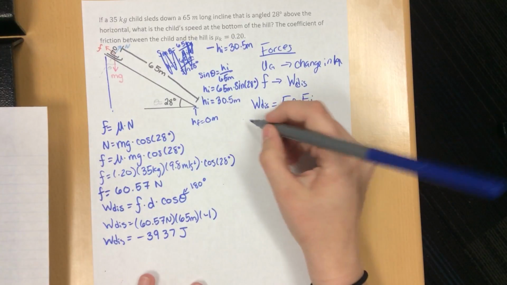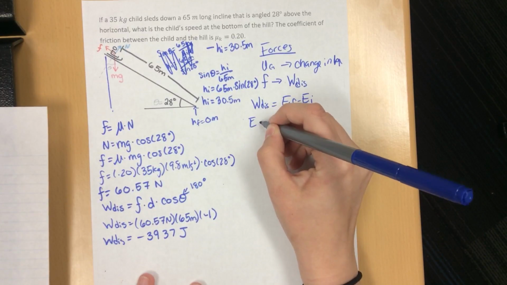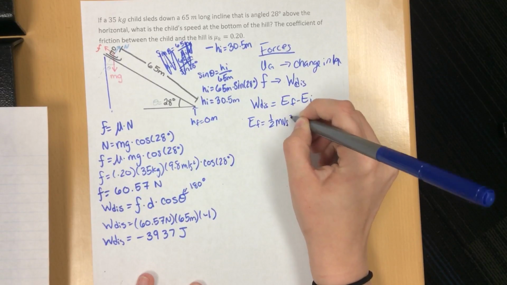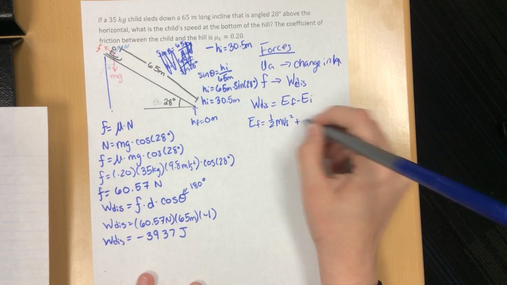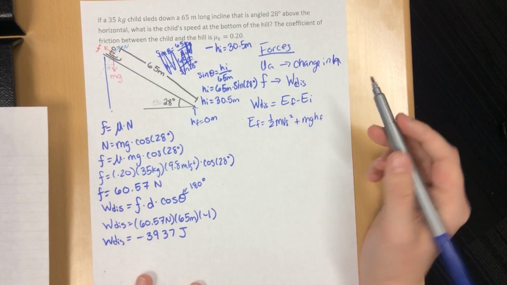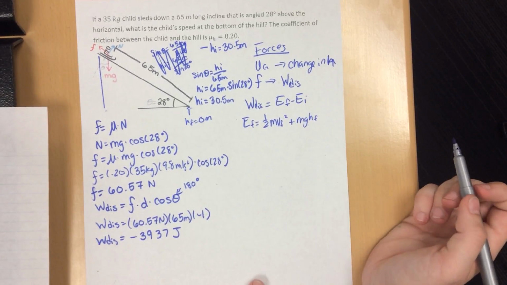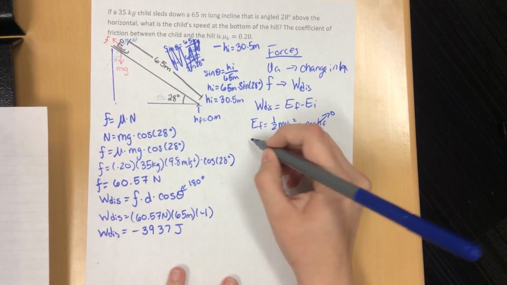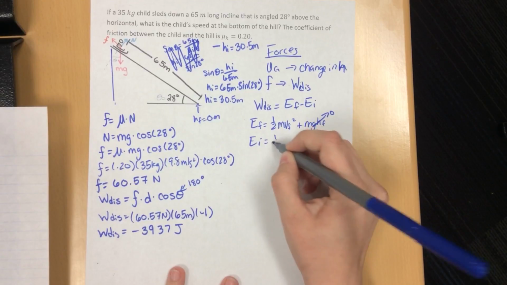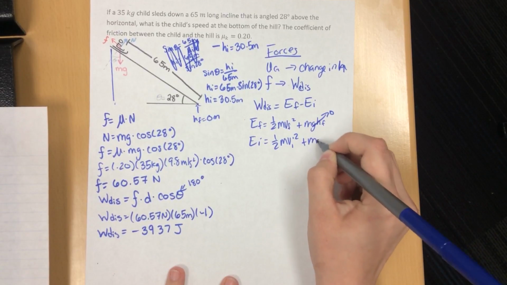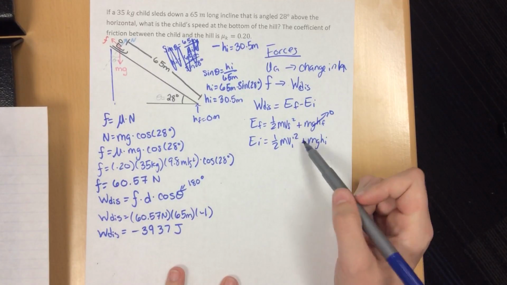So our final energy is equal to our 1/2 mvf squared plus mghf. We will have a speed at the bottom of the hill, but we won't have a height, so this particular one goes away. Our initial energy is going to equal that 1/2 mvi squared plus mghi.